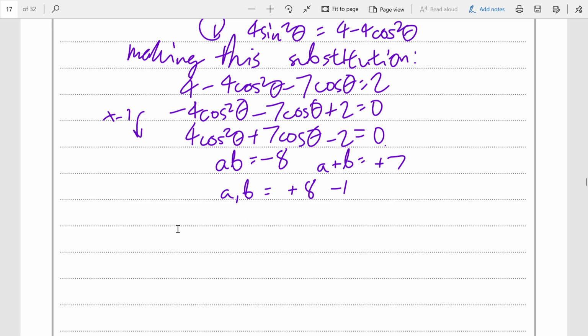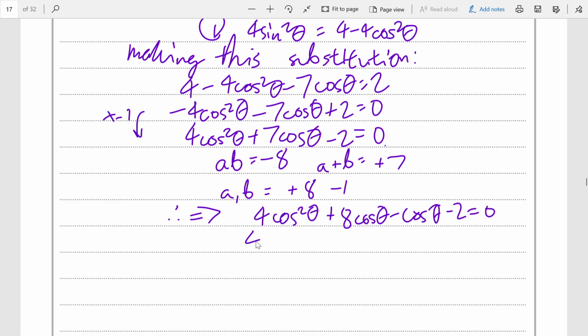Therefore, we get that this equation is equivalent to 4 cos squared theta. I think I will put the plus 8 first. So plus 8 cos theta minus cos theta minus 2 equals 0, and factoring out the 4 cos theta here is equal to cos theta plus 2 minus cos theta plus 2, because this minus multiplies out to both of these to get these two terms over here.